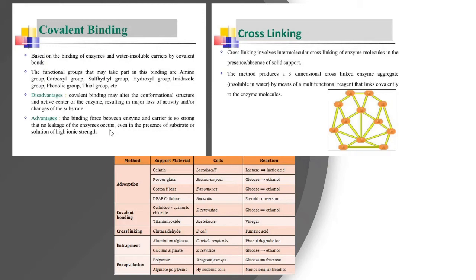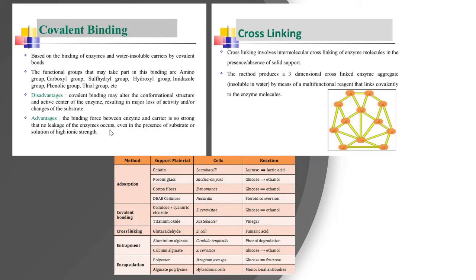This technique is widely used, but as it involves the chemical nature of the enzymes, sometimes there may be a loss of activity, because as we discussed, the active part of the enzyme, the apoenzyme, is mostly responsible for the enzyme activity. There may be conformational changes in that particular part, so covalent bonding may lead to the loss of activity of the enzyme.